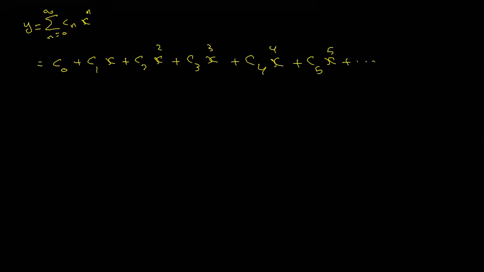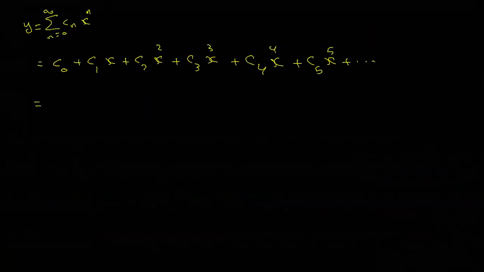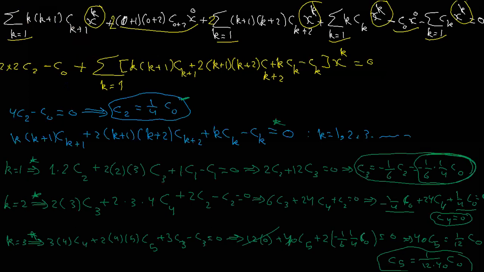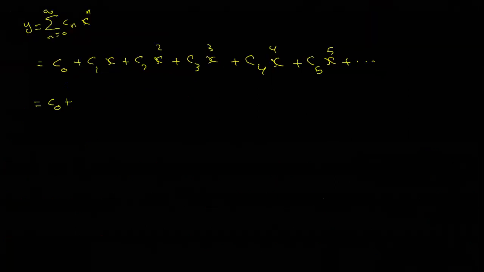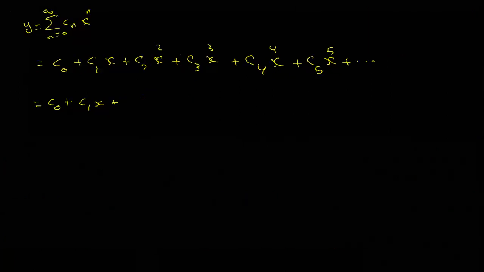Let me plug in the value of my constants. Where is C0? No, professor, you didn't find C0. No problem. Let me write C0. Here C0 plus. Where is my C1? Unfortunately, I didn't find C1. No problem. C1x plus C2. Did we find C2? Yes, it is 1 over 4 C0. So 1 over 4 C0 x squared plus.